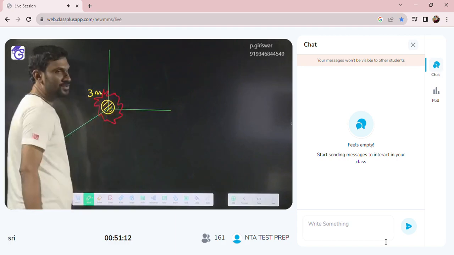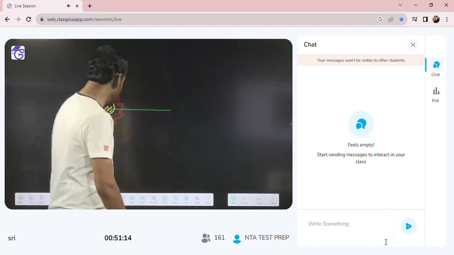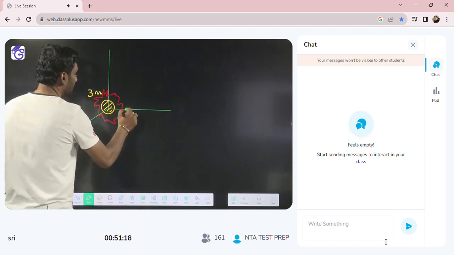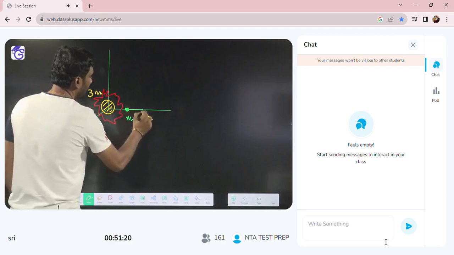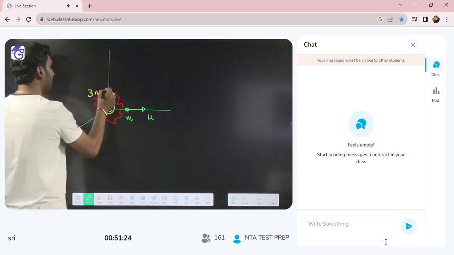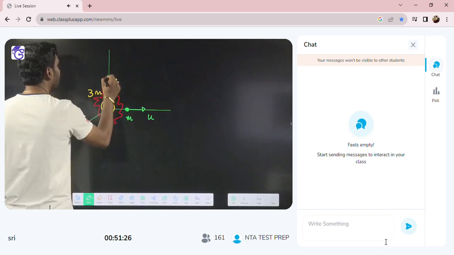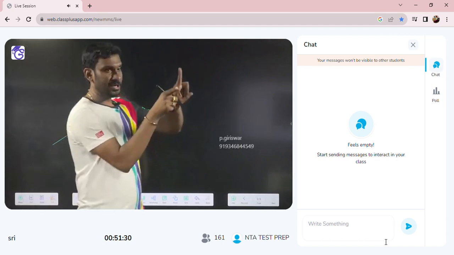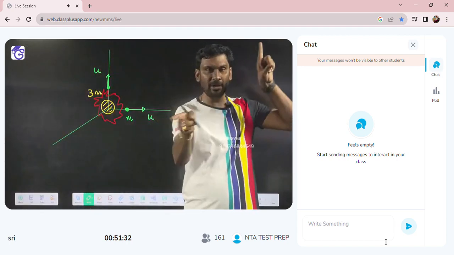So this is 3m. What is the mass? Mass is 3m, right? Suddenly there is an explosion. So there is an explosion, and because of that explosion there is equal fragmentation. So this is mass m moving in that direction with speed u, right? There is another mass m moving in this direction with speed u. So there are two masses moving perpendicular to each other.